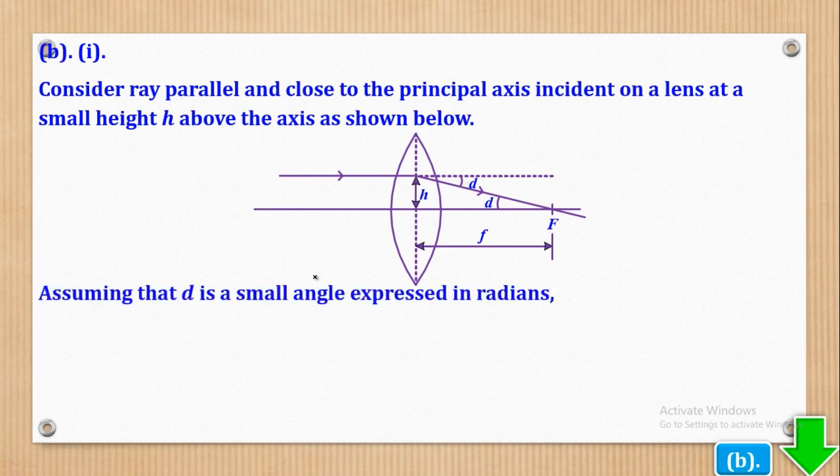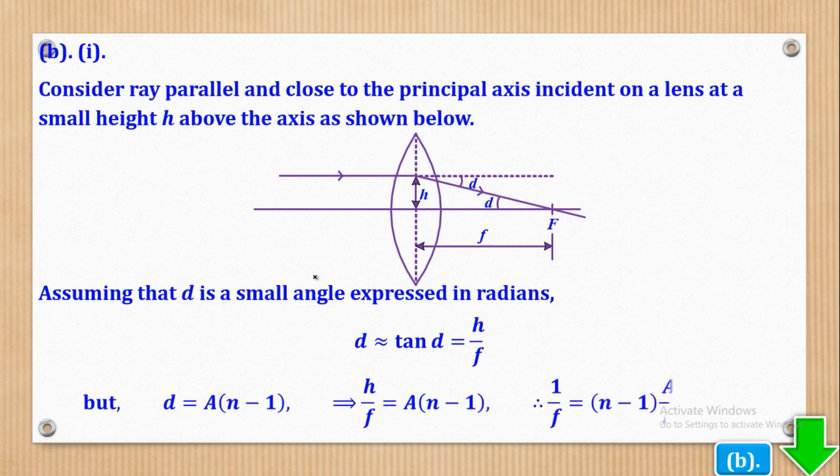Now assuming D is a small angle expressed in radians, D will be approximately equal to tan D, and we know that tan D is equal to opposite over adjacent. So with this angle here, opposite is h and adjacent is this, which is f. That is why here you see h over f.